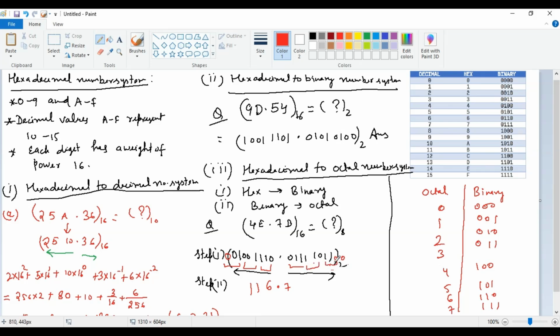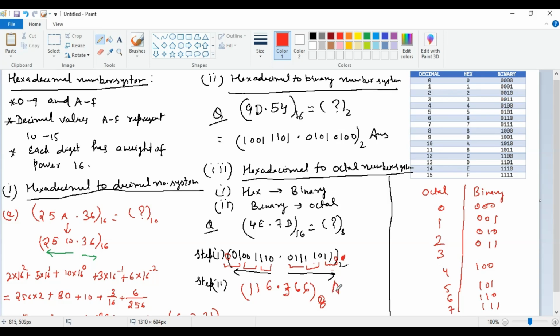Here we have to add only 10. So 011 means 3, 110 means 6, and 110 means 6. So this is the octal equivalent of this hex number.